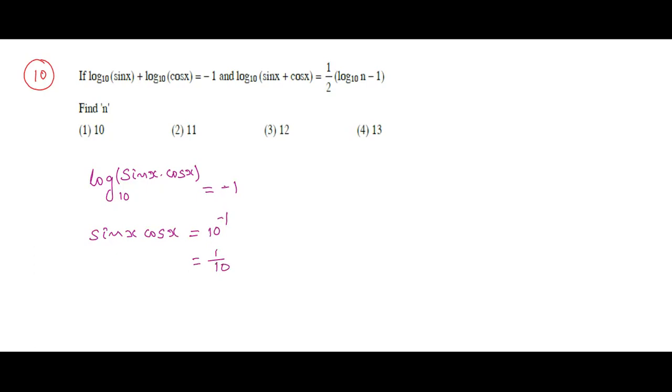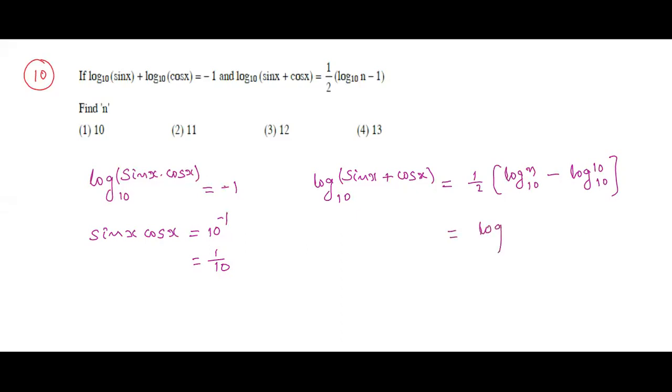See the other condition, logarithm of sin x plus cos x to the base 10 is equal to 1 by 2 into log n to the base 10 minus 1, is said. 1 I am writing as log 10 to the base 10. This is in the form of log a minus log b.